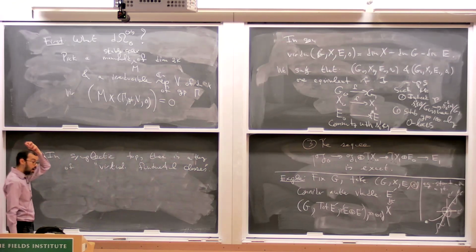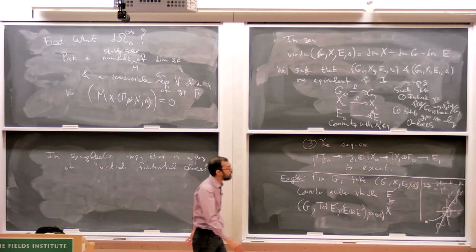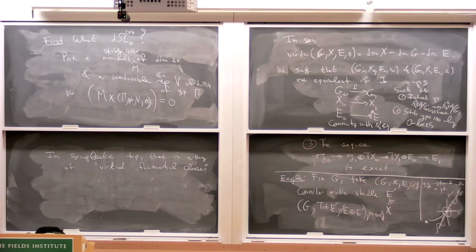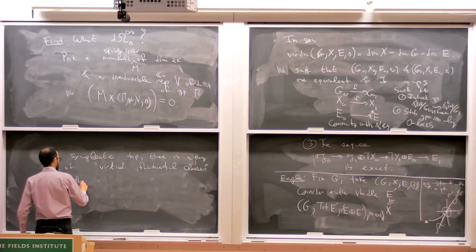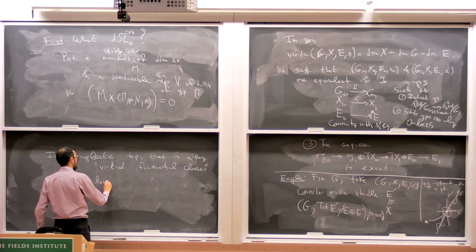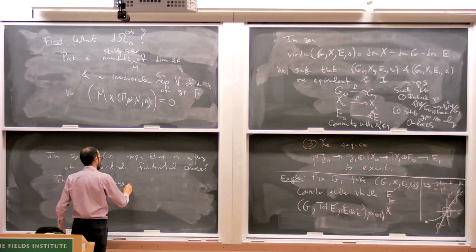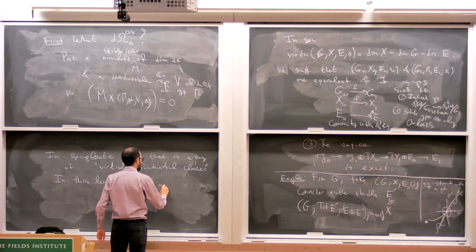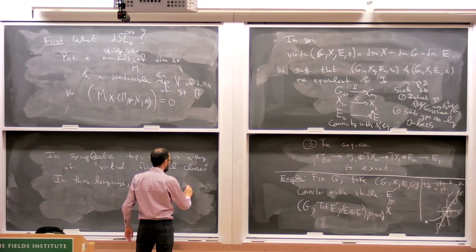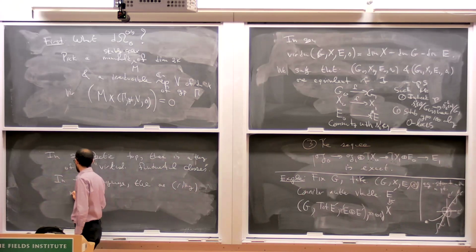And what they are in this language are homomorphisms from this ring to other rings. I didn't talk about the product, but these are ring maps.